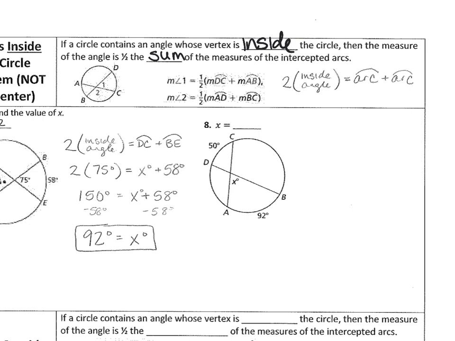So this time, it's not double the angle equal the arc. In fact, it is double the inside angle. This is a different word. Double the inside angle equal to the sum of the arcs. So we have to add the arcs together.